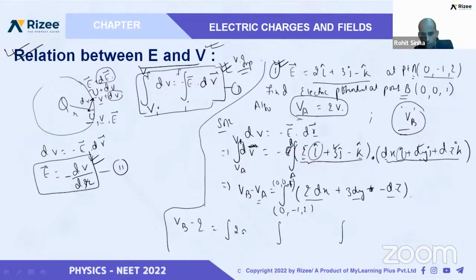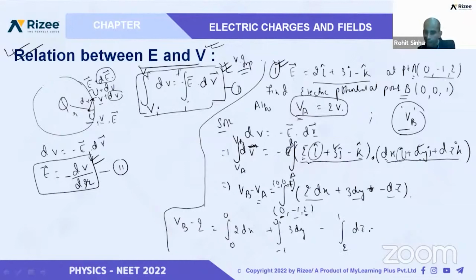First part, 2 dx plus 3 dy minus dz, with x limit from 0 to 0, y limit from minus 1 to 0, z limit from 2 to 1.